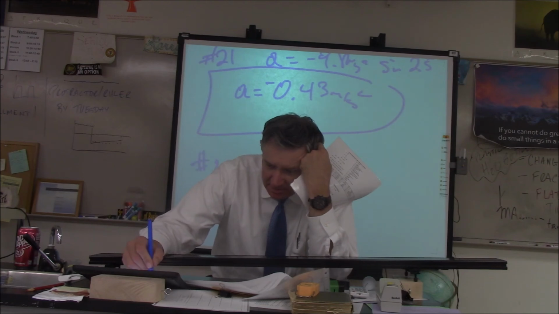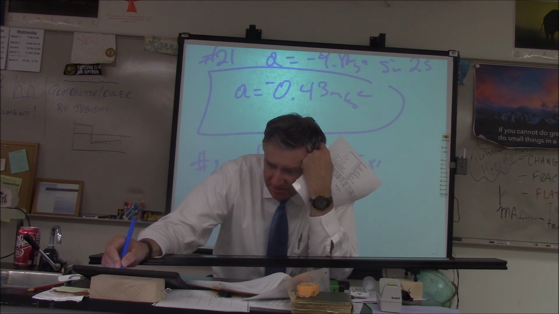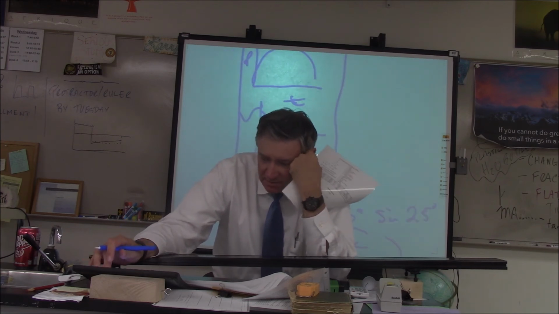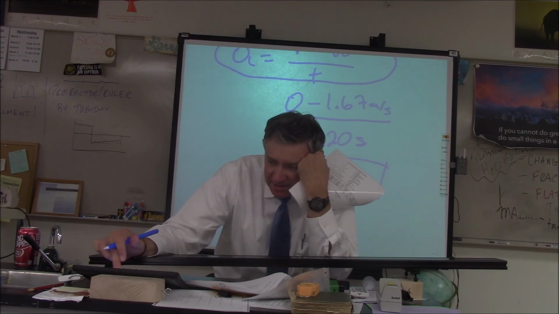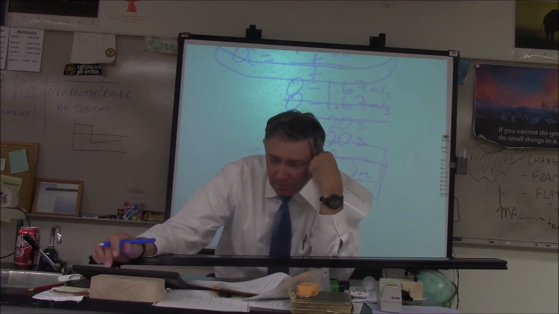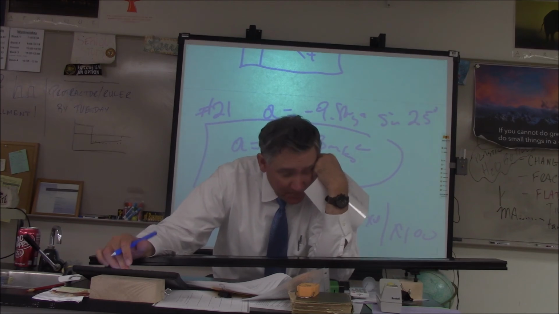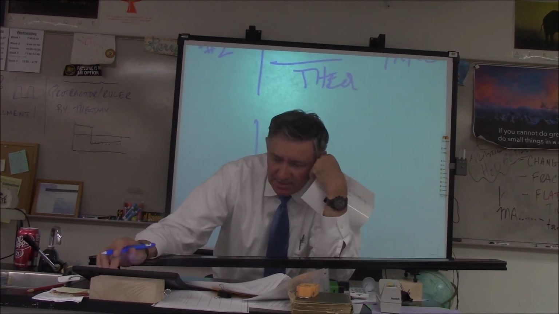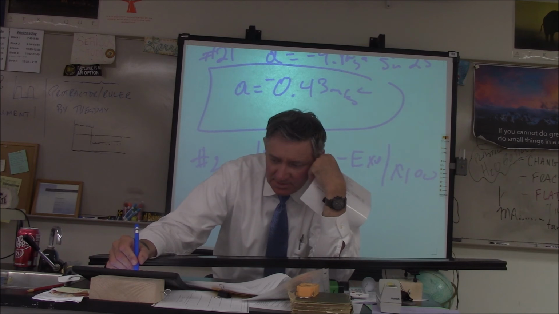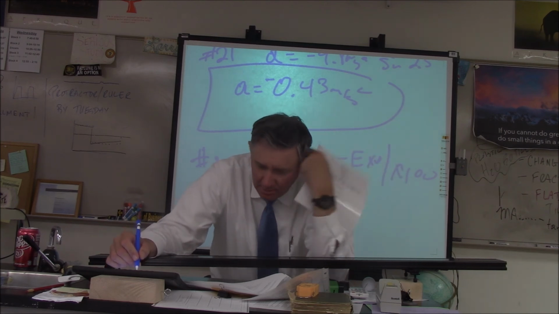So in number 22, you're going to take your theoretical minus your experimental, divided by theoretical, times 100. So in this situation, we got an acceleration of negative 1.4. We theoretically should have got negative 0.43. Okay? So what I'm going to do is take that theoretical value, which is your answer to number 21.